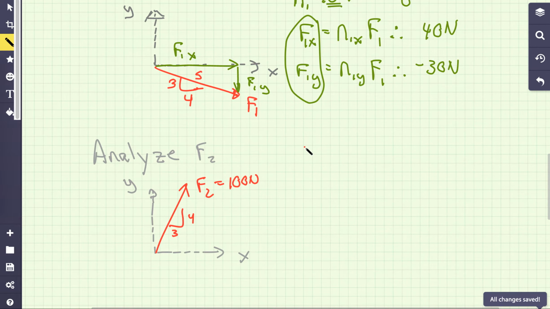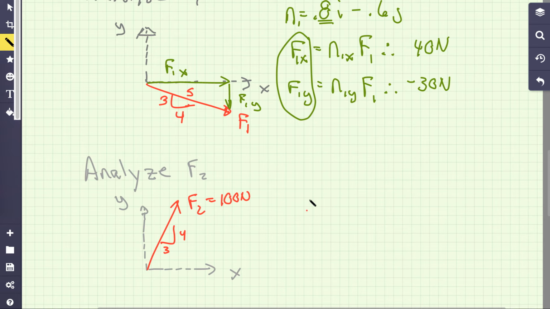So we have almost the same unit vector. N2 is equal to 0.6i plus 0.8j. We do the same thing.